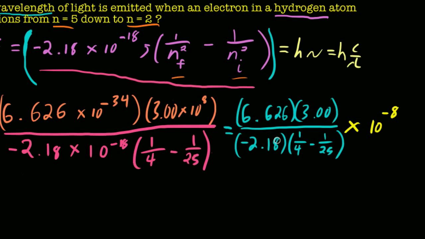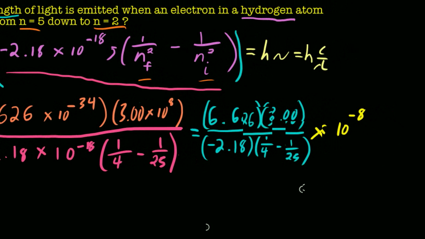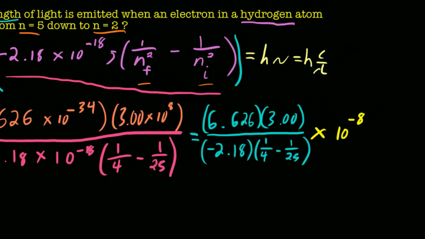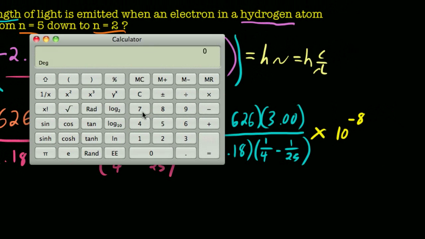Hopefully not too confusing, and hopefully you don't mind me going through this kind of quickly. Now we're at the point where we can just start throwing this into the calculator. So I'm going to go ahead and get the calculator up. And the very first thing I'm going to do, just because this calculator isn't good with handling these fractions, is work out what this 1/4 minus 1/25 would be, so we can get a decimal number to put in there.